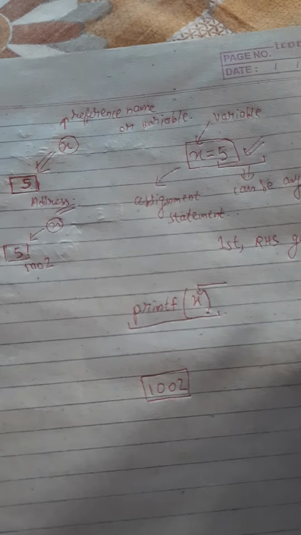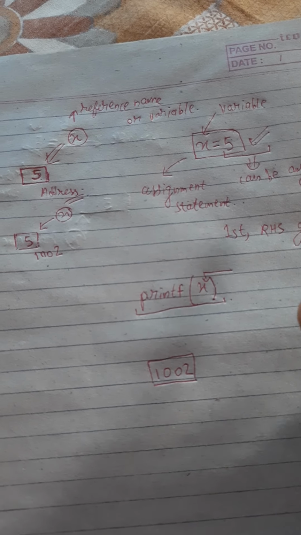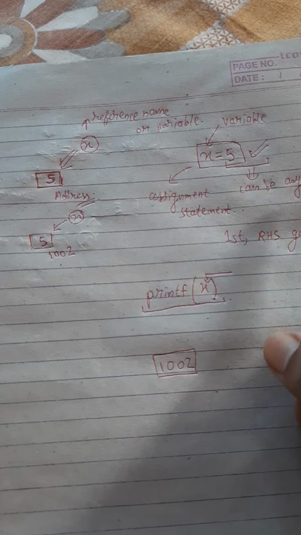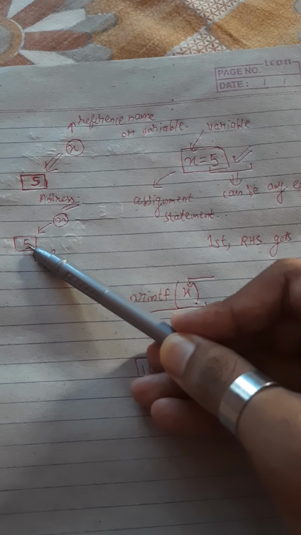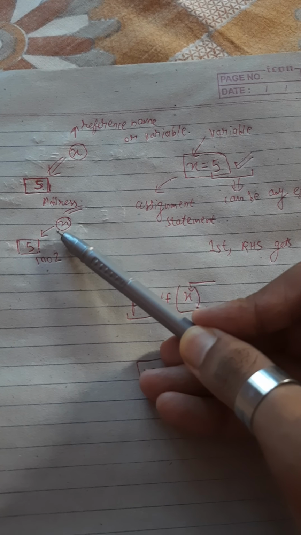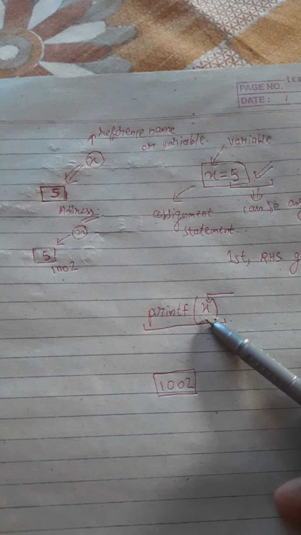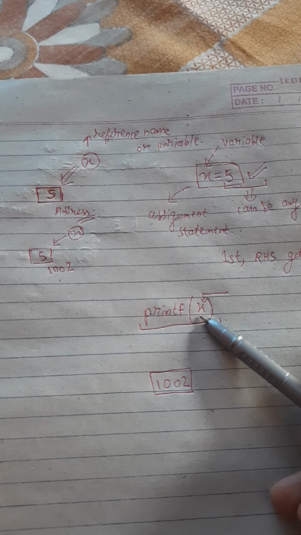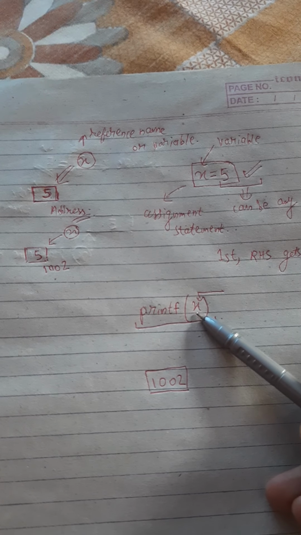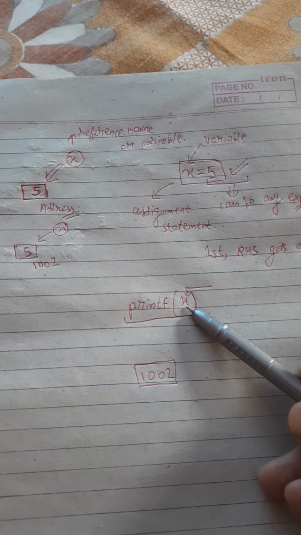Now if we want to retrieve this value at any point in our program, say the value 5, we can just take the name of the variable. The computer will know that in this printf statement the user has entered x, so whatever value is within the box referred to by the variable name x, it will put it here.